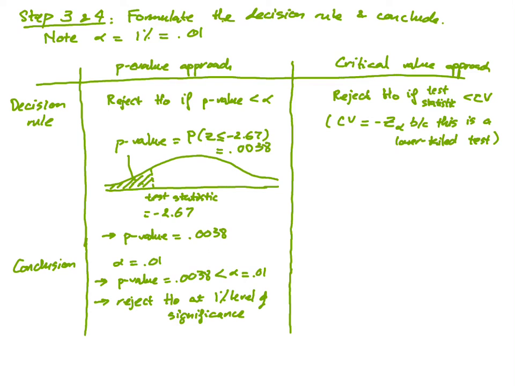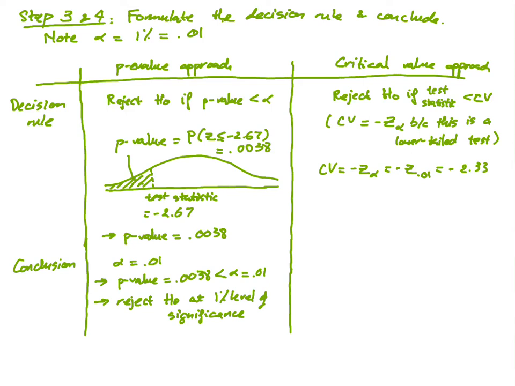So now let's move to the critical value approach. Here, our critical value is negative z sub alpha, which is negative z sub 0.01. If you look at the example we did earlier, we already know that negative z sub 0.01 is negative 2.33, so that's going to be my critical value.